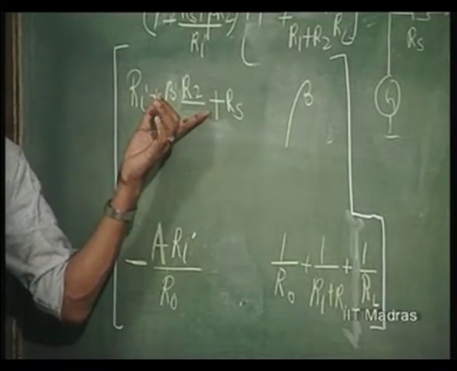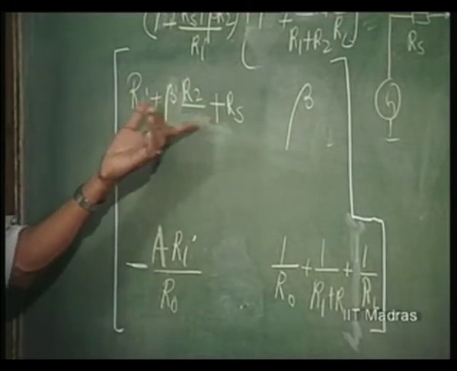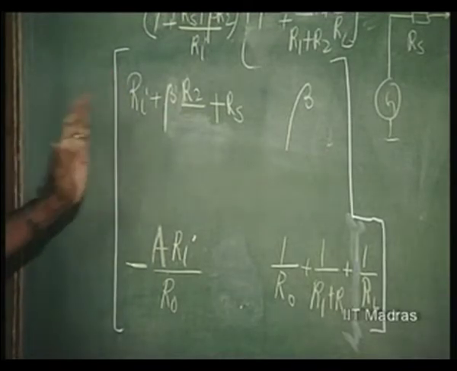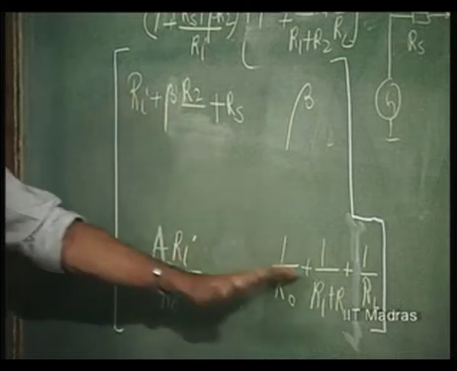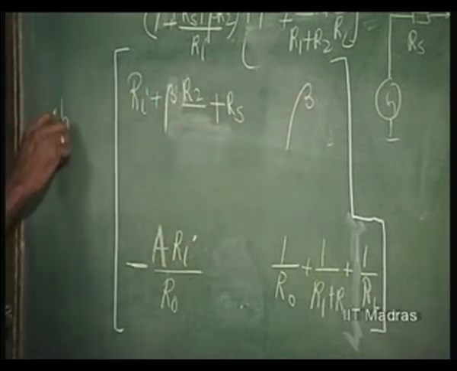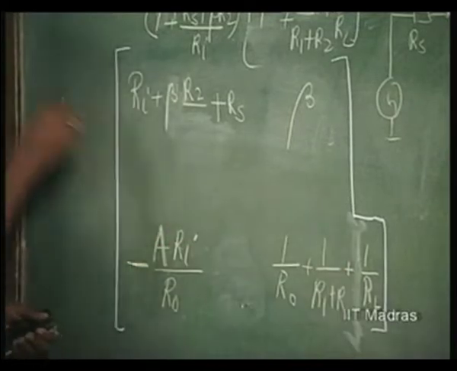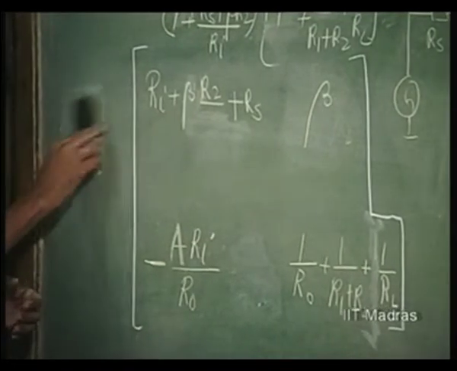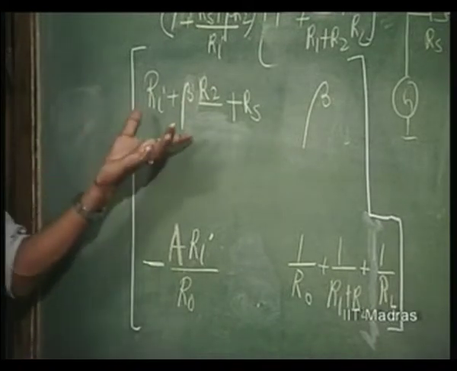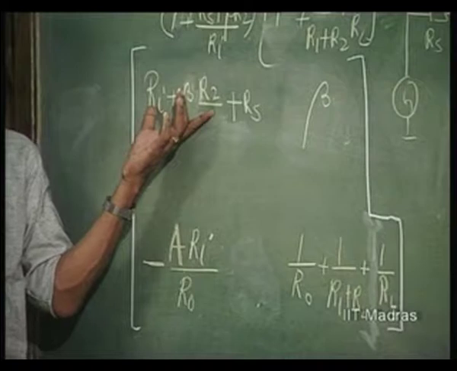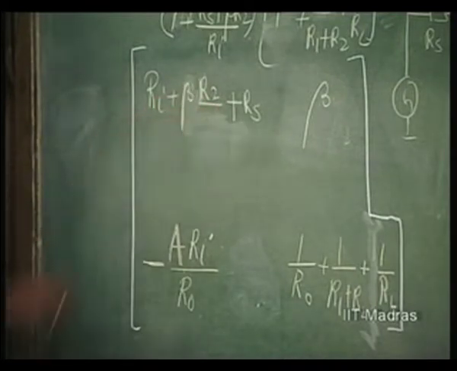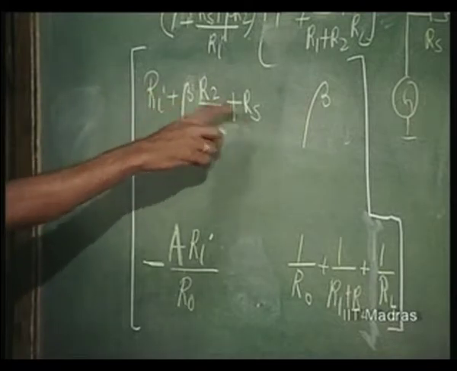This can be also found out by taking the matrix delta H as this into this plus this into this, okay. Find out delta H and divide this by delta H, that is the input conductance, right. Instead, I have also told you that original input impedance gets modified by a factor of 1 plus loop gain. So, this is the original input impedance Ri plus beta R2 plus Rs.